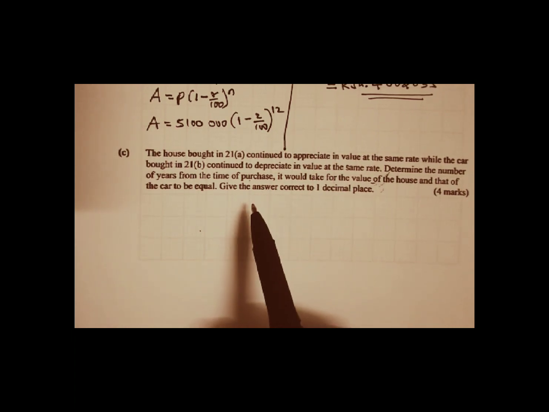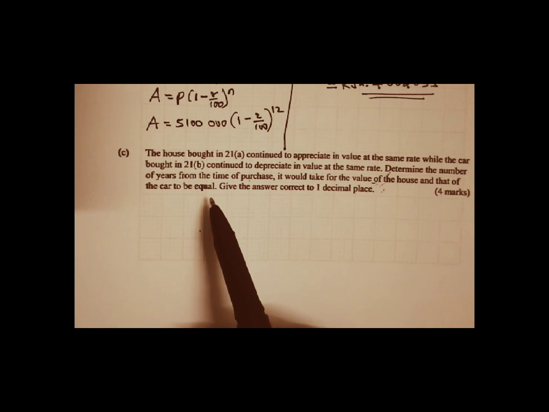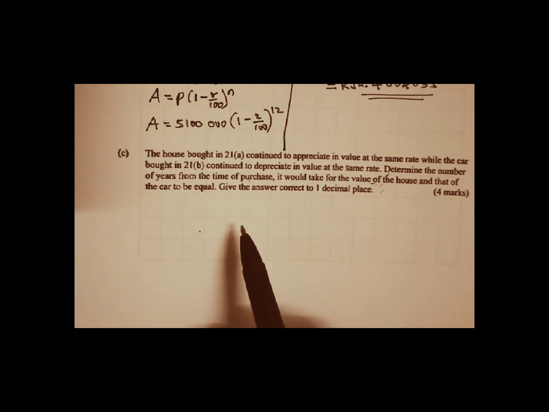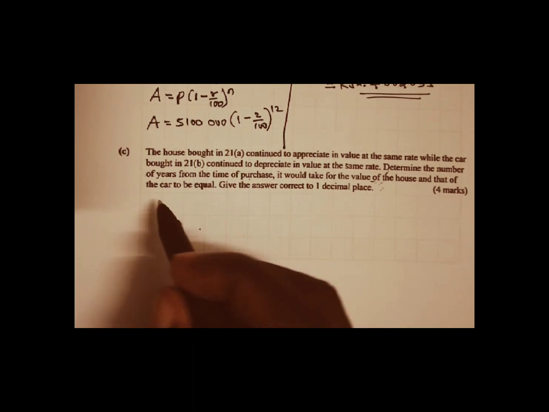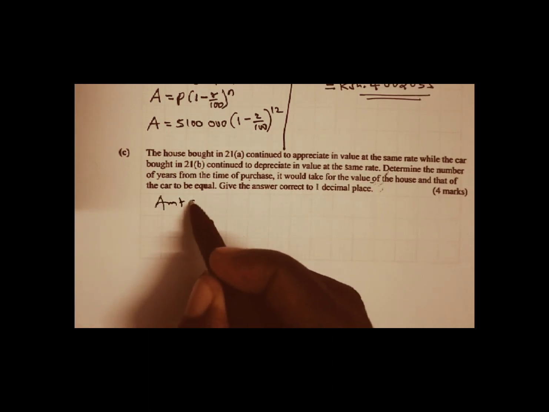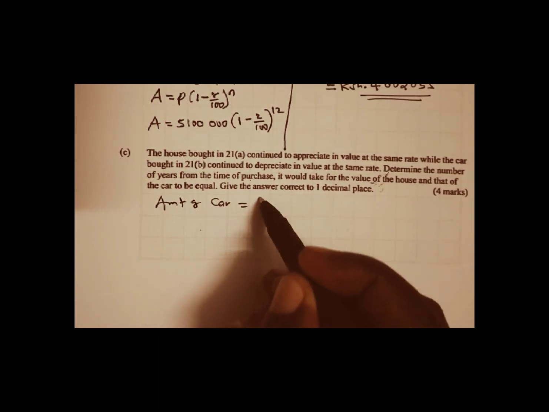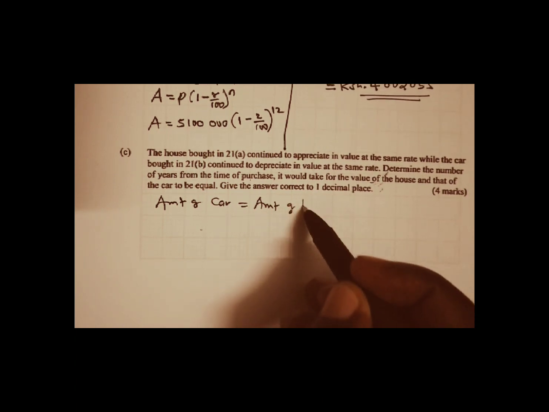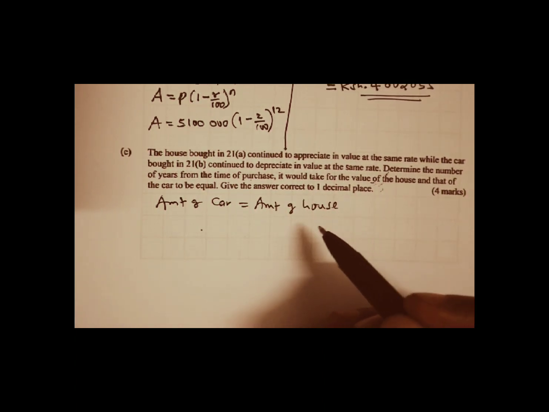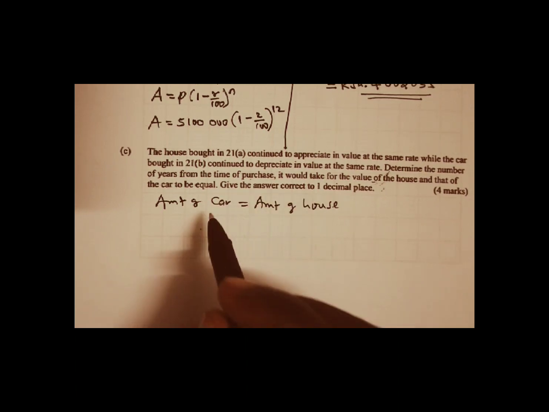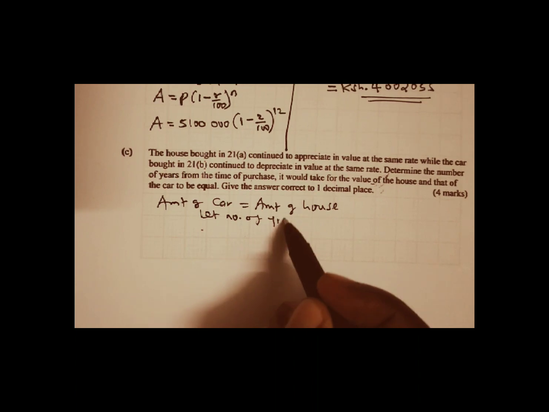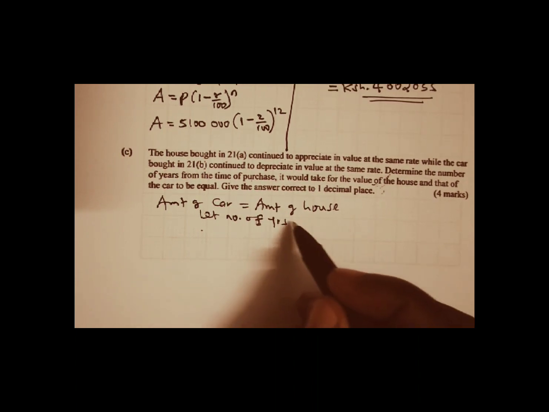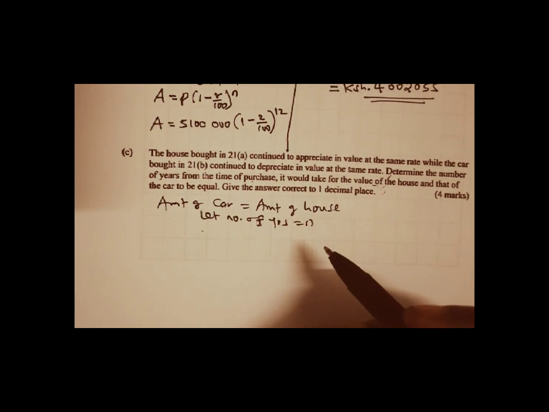Remember, this car and the house were bought at the same time, and we need to calculate the time it will take for the amount of the car to be equivalent to the amount of the house. Remember, we are looking for the number of years. We can say let the number of years be equal to n.